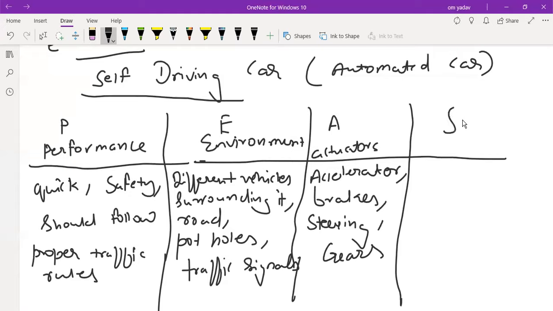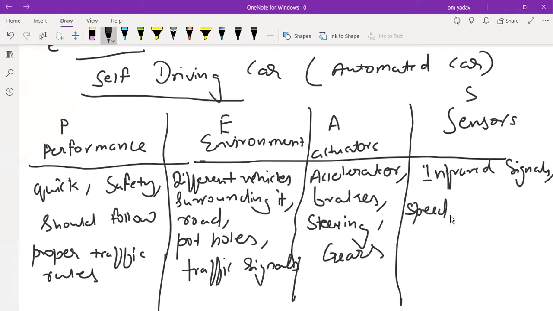Then let's say the sensors. What can be the different types of sensors which can be used in the car? Let's say infrared signals. Then speed sensors can be used to check the speed.